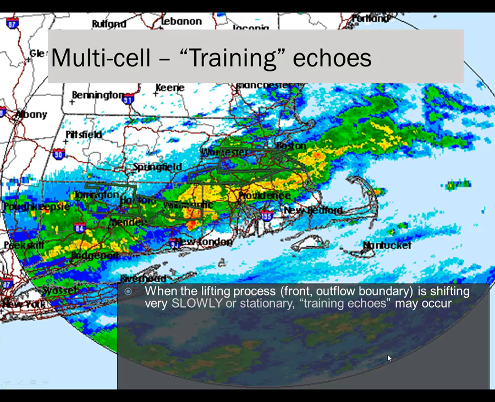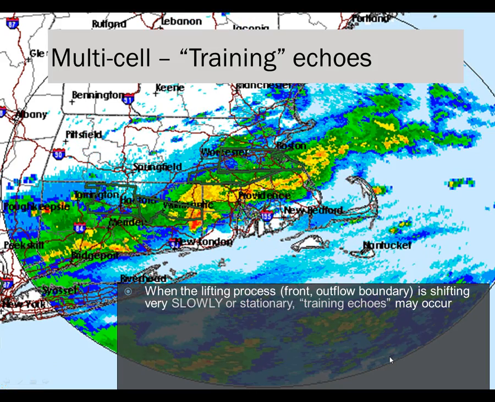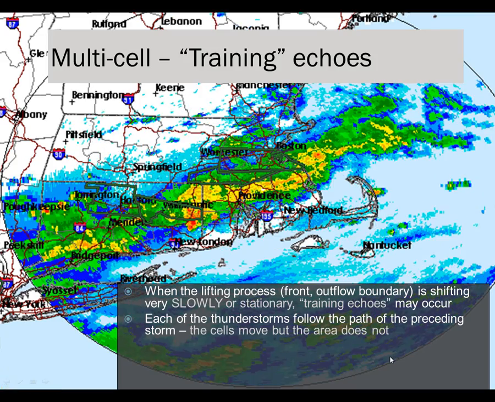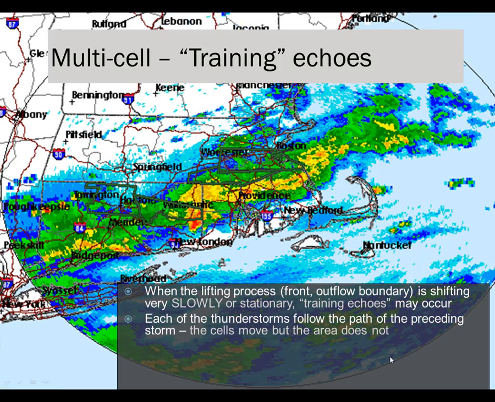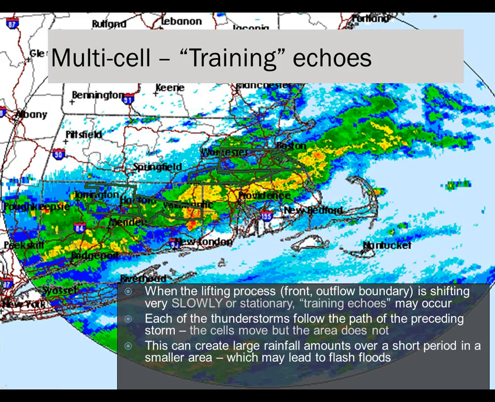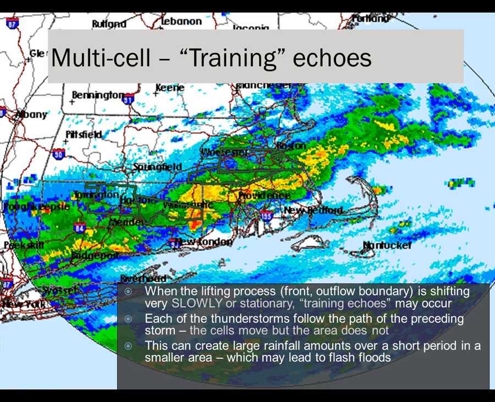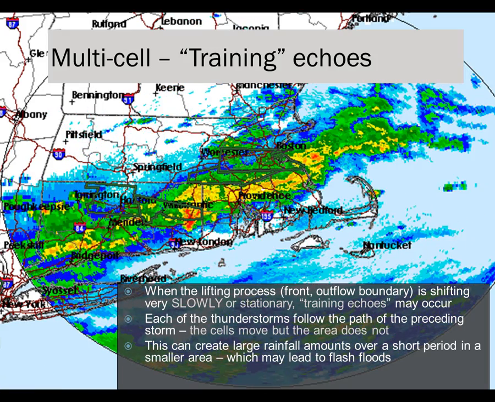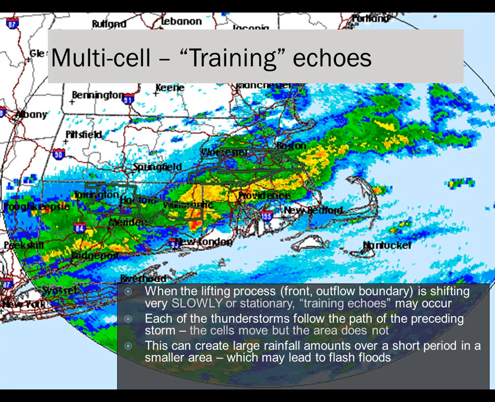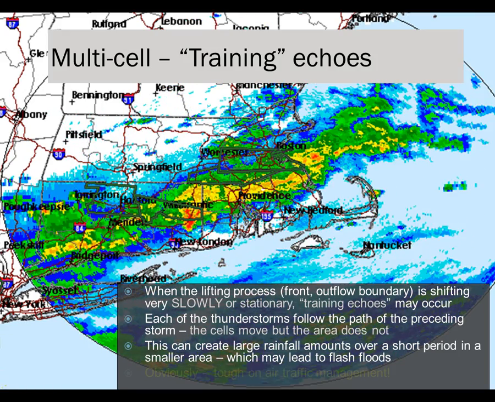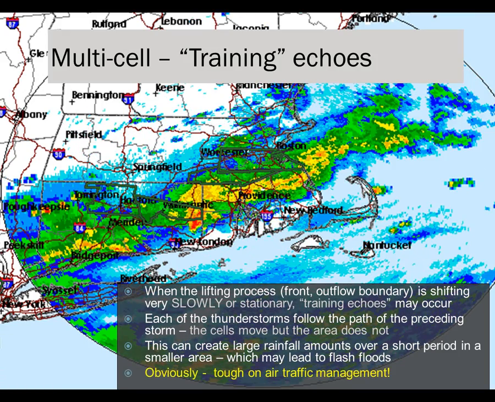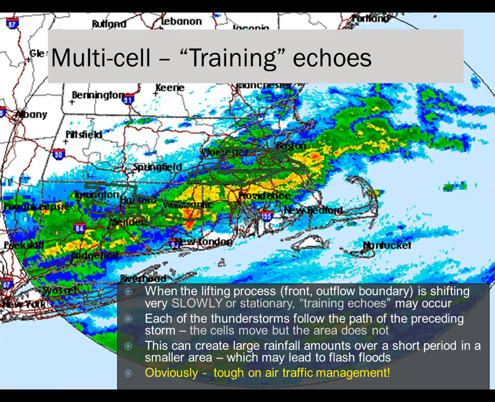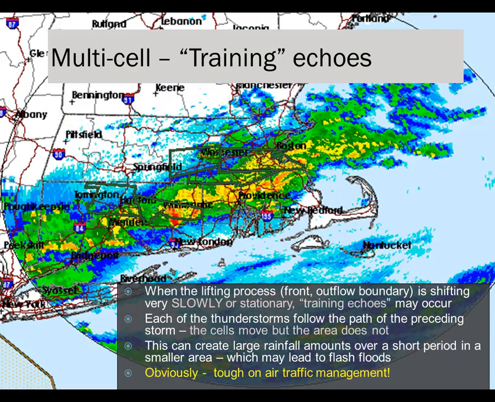This occurs when the lifting process is shifting very slowly, and each of the thunderstorms then follow a path of the preceding storm. The cells move, but the area does not. As you can assume, this will create a large rainfall amount over a short period of time in a small area, which could lead to flash flooding. And depending upon where these thunderstorms set up, it can be extremely tough on air traffic management.